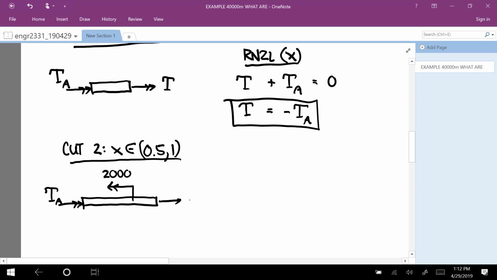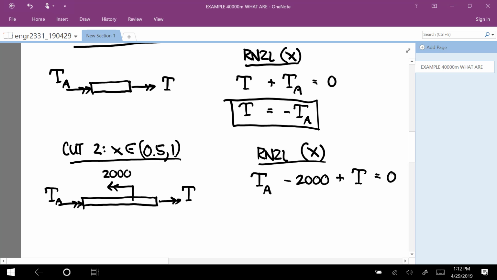And then the internal torque T. And the moment equation about x says TA minus 2,000 plus T is equal to 0. So the internal torque on this piece is 2,000 minus TA.